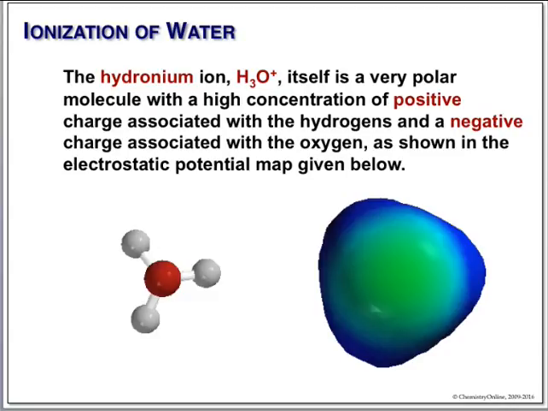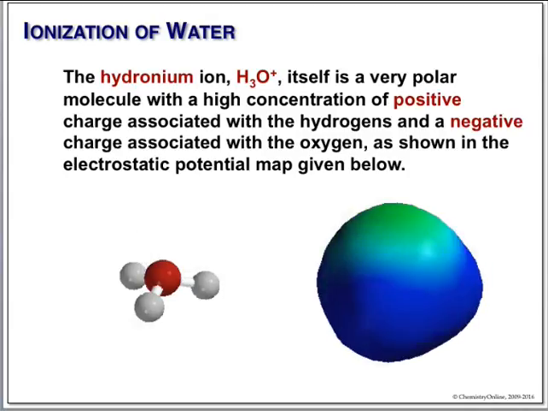This is the hydronium that we just saw, H3O, positive charge, big blue ring around it. We flip it over. See, it's a whole big blue bottom. Very, very positive. Water, however, surrounds this thing.